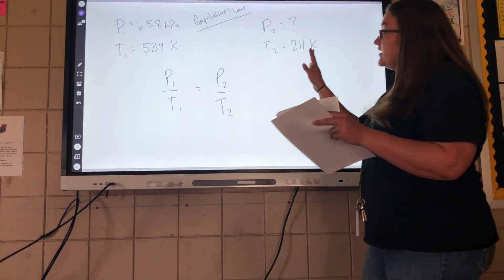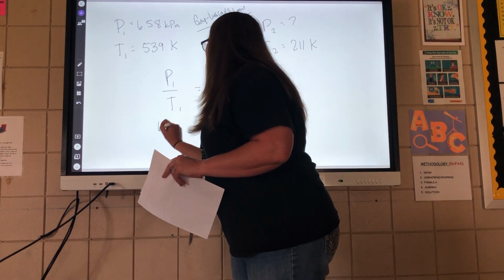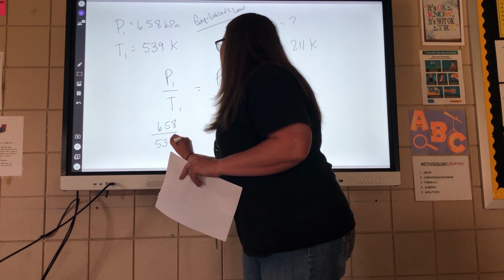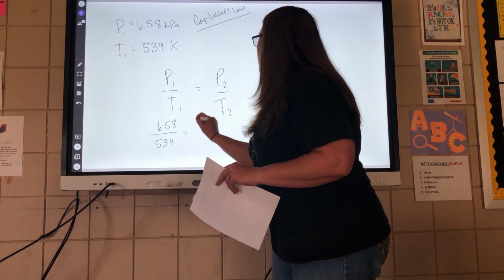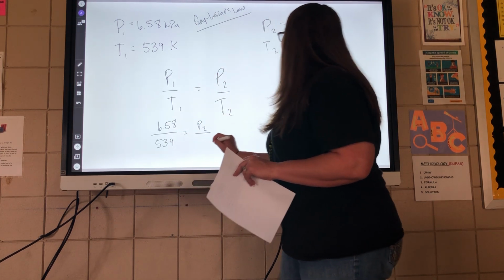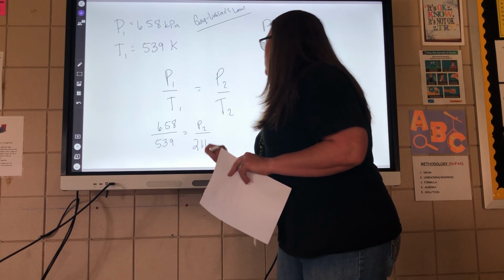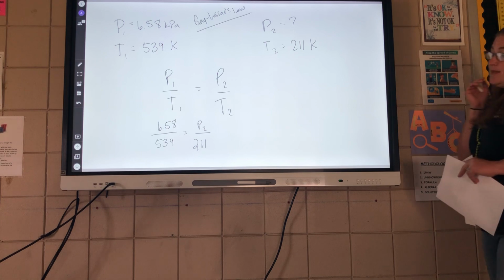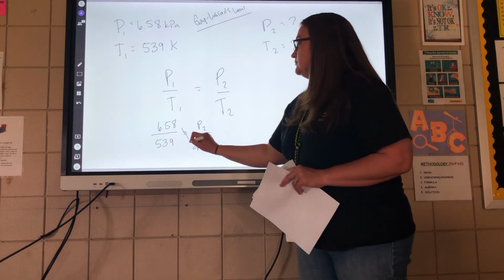All right, so let's fill in. We've got 6.58 over 539 is equal to, we don't know, P2 over 211. Again, I'm going to cross multiply.